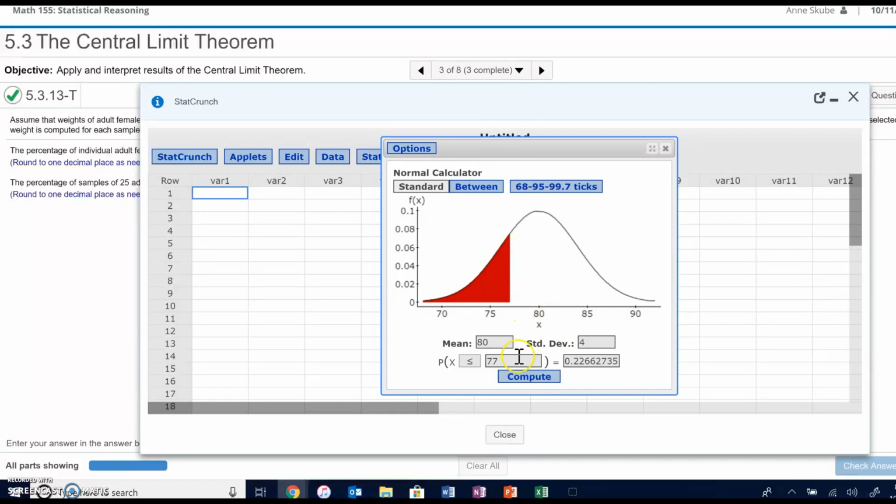This is with our different standard deviation, and less than 77, we have an answer of 0.2266. We're going to multiply this answer by 100 to get the percentage and go to one decimal place. Our answer is going to be 22.7 because we're going to round up.